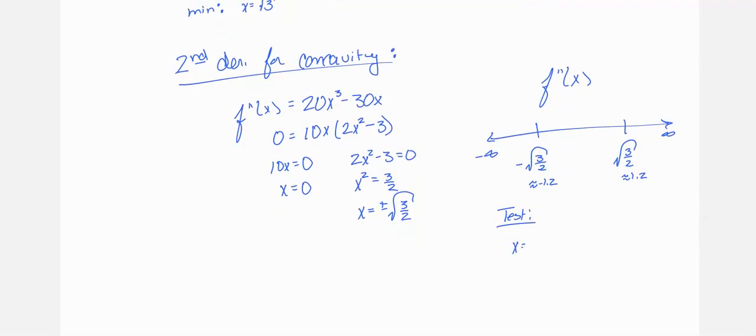We could use -2, 0, and +2. And that's going in here, that second derivative. So 10 times -2 times 2 times -2 squared minus 3. So negative, positive, negative, and this would be 8 minus 3, which is positive. So positive here.